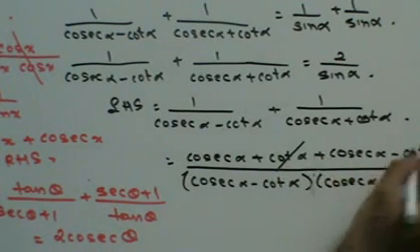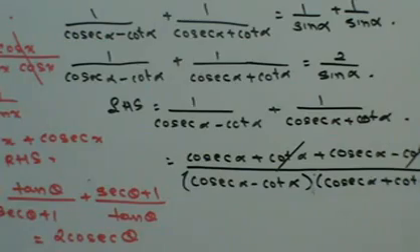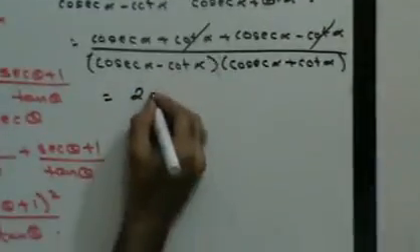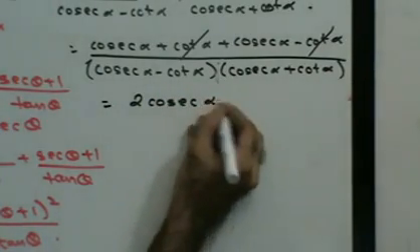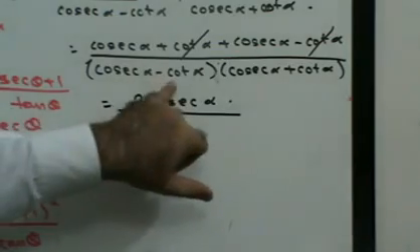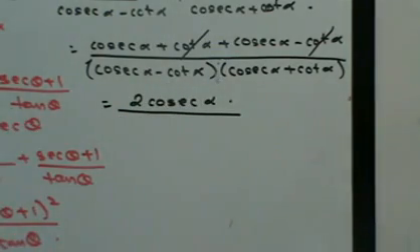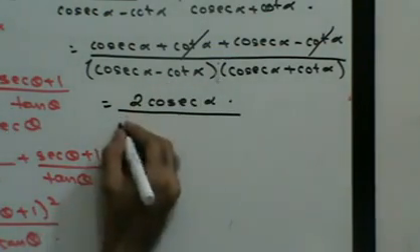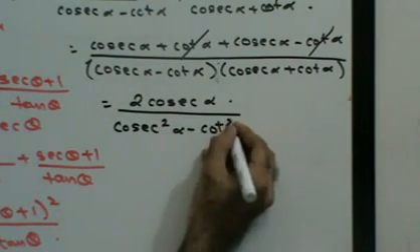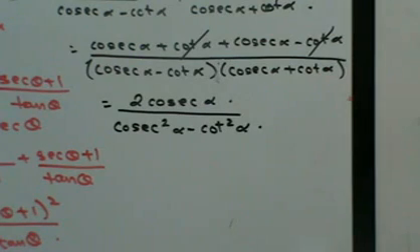Minus cot alpha plus cot alpha gets cancelled. This is going to be cosec alpha plus cosec alpha is 2 cosec alpha. The denominator is in the form a minus b, a plus b. That is going to be a square minus b square. That is cosec square alpha minus cot square alpha.